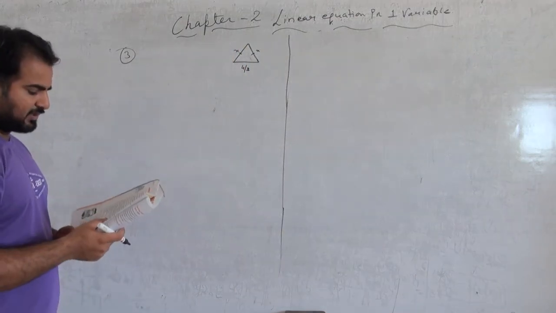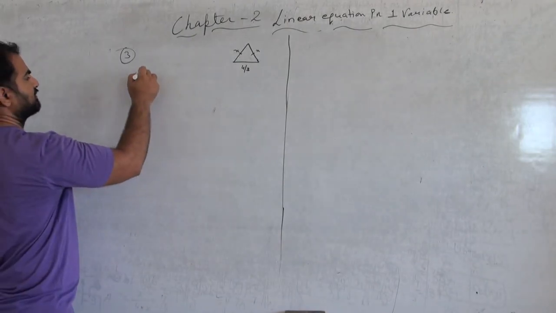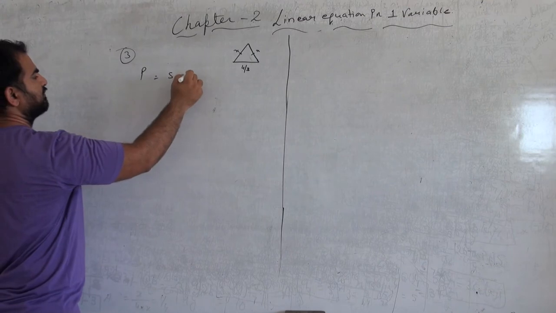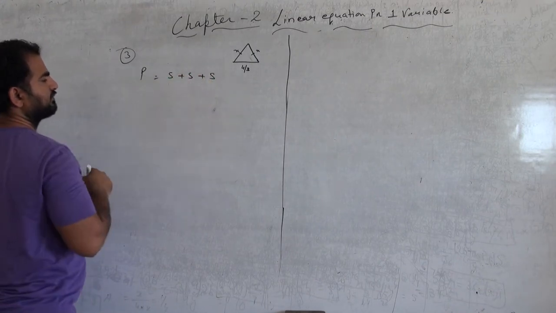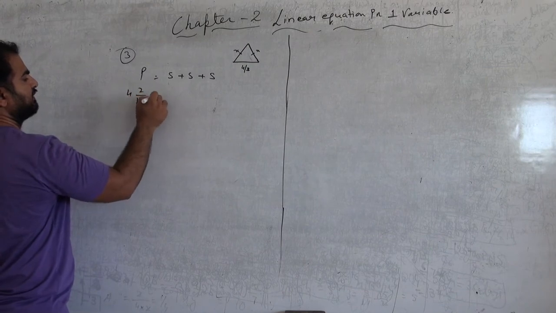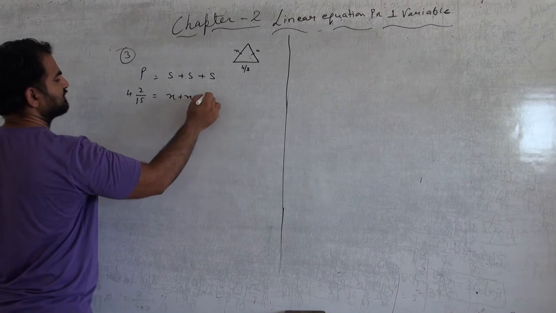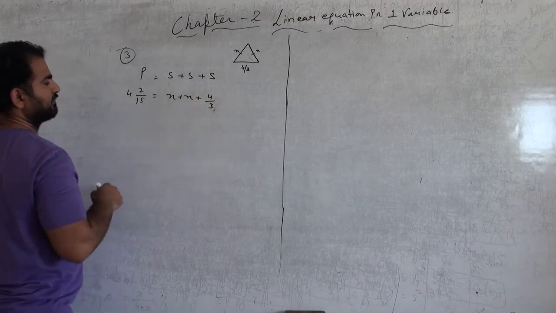And the perimeter of the triangle is given as 4 2 by 15. So perimeter equals side plus side plus side. Perimeter is 4 2 by 15 equals the equal sides x plus x plus 4 by 3.